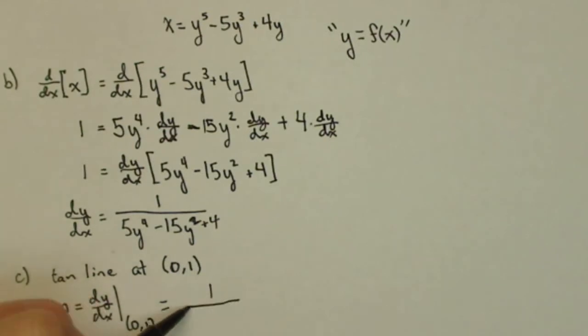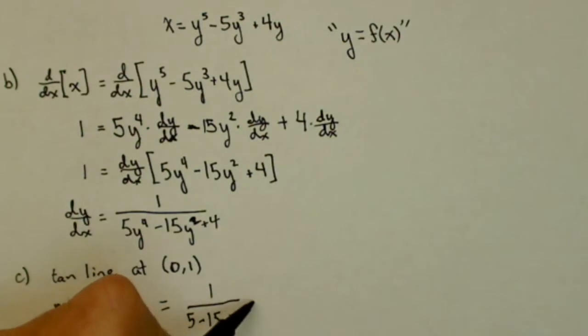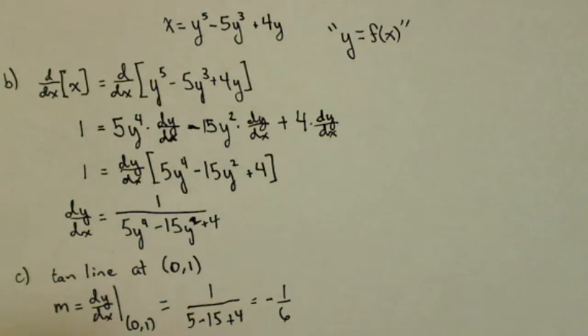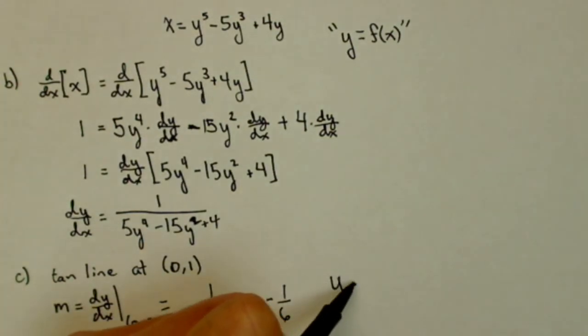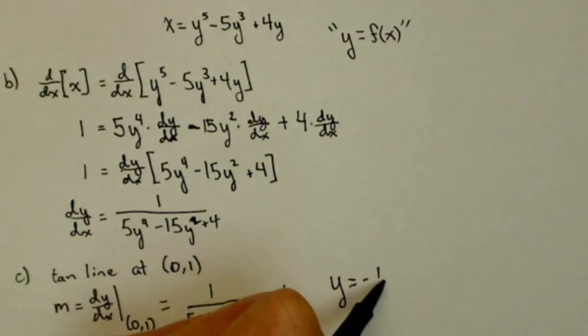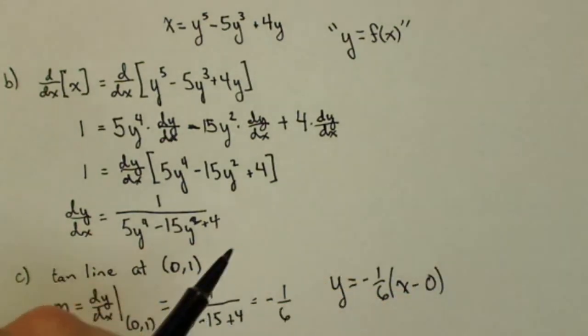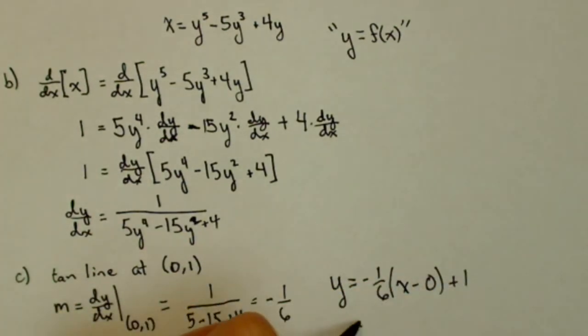We have 1 over 5 minus 15 plus 4. So the slope of our tangent line is going to be negative 1/6. What that tells us is our line is y equals negative 1/6 times x minus 0 plus 1, or negative 1/6 x plus 1.